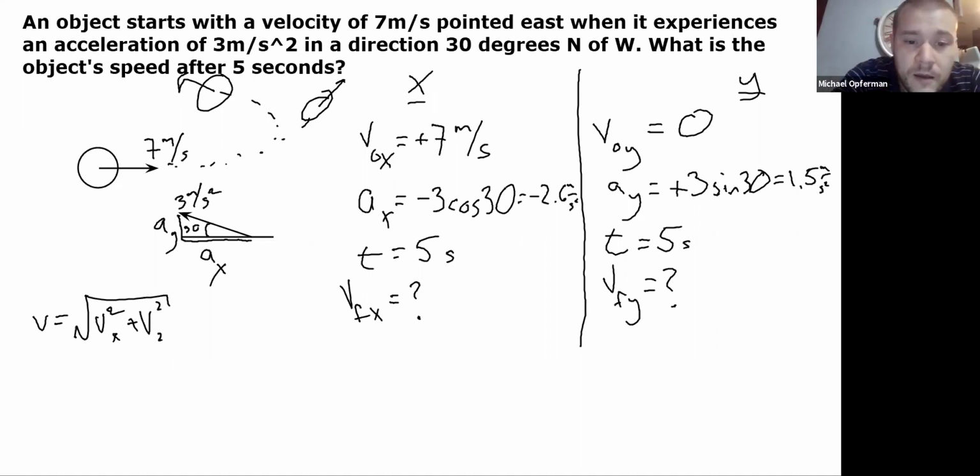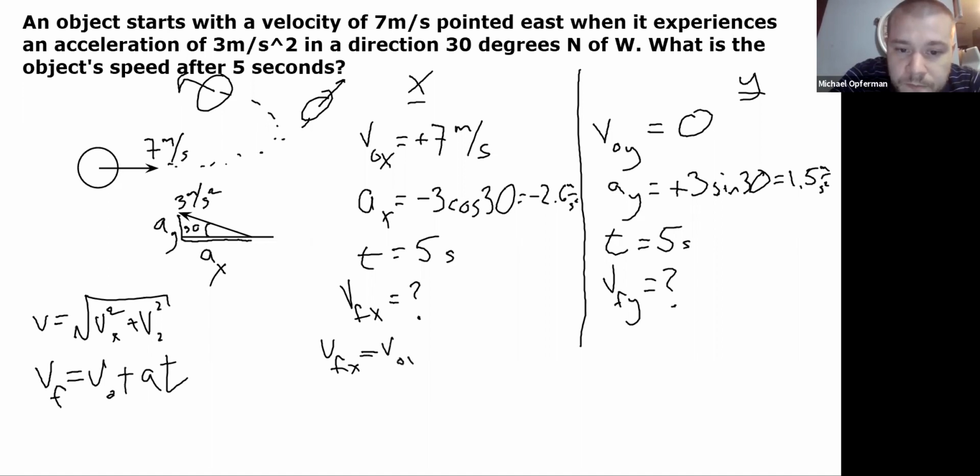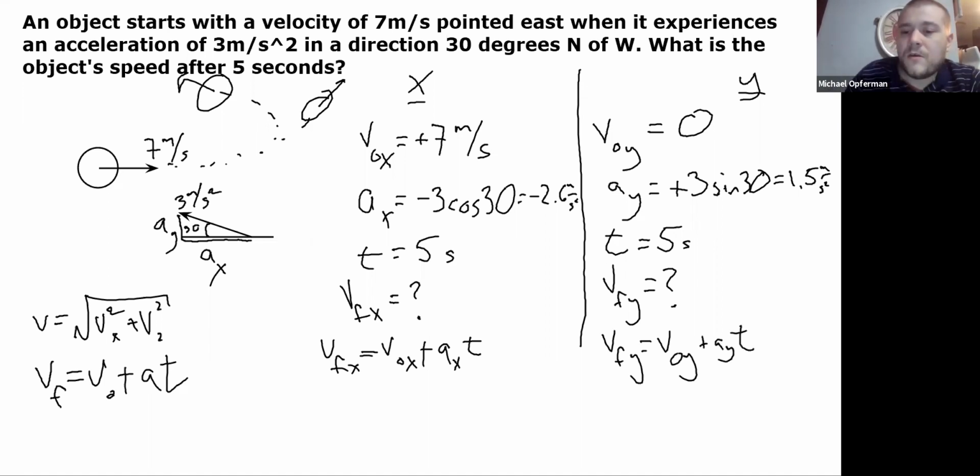The formula is going to be VF equals VO plus AT. And when I apply that here, I need to put all x subscripts when it goes into this column, and all y subscripts when it goes into this column. Okay, so there's my equation that I want to use for both cases.